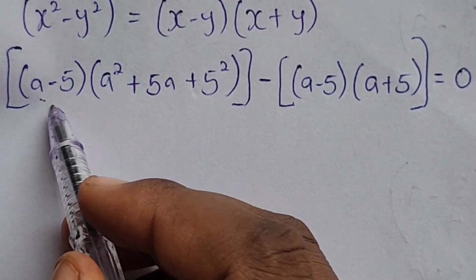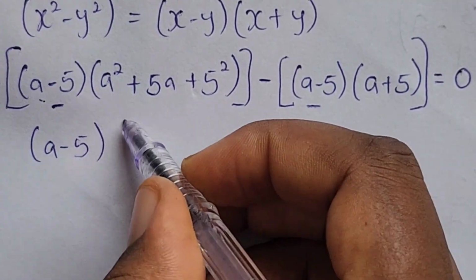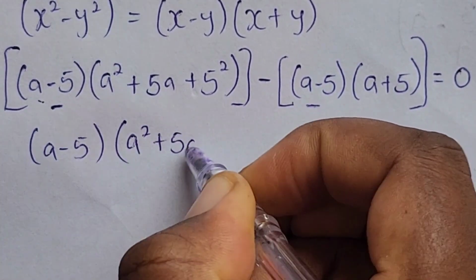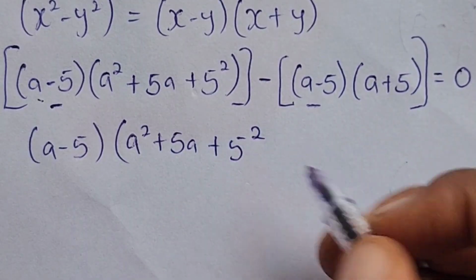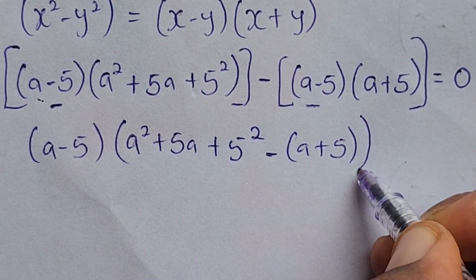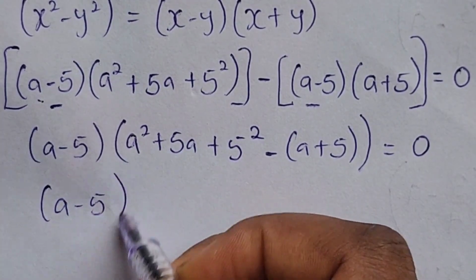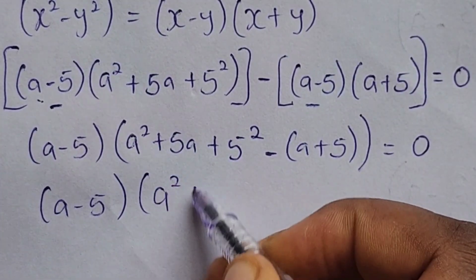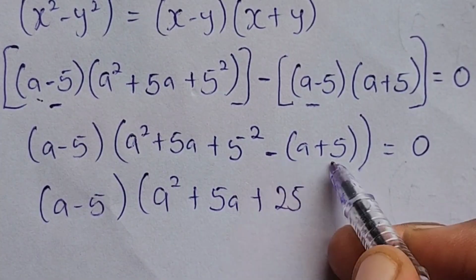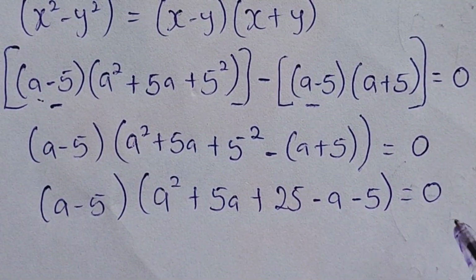So we have a common factor here. We'll factor a minus 5 out to have this, which is a squared plus 5a plus 5 squared, minus a plus 5, all equal to 0. So we have a minus 5, we have a squared plus 5a plus 25. Opening this bracket, we have minus a minus 5, and it's all equal to 0.